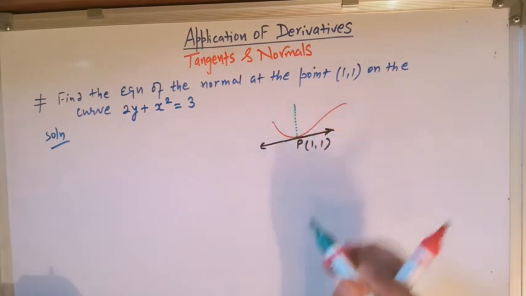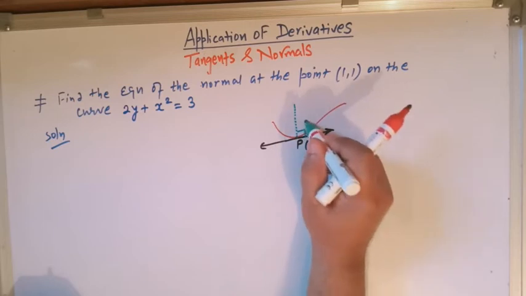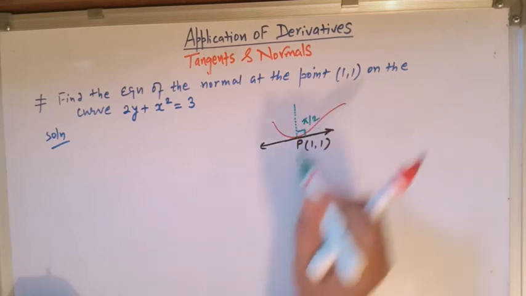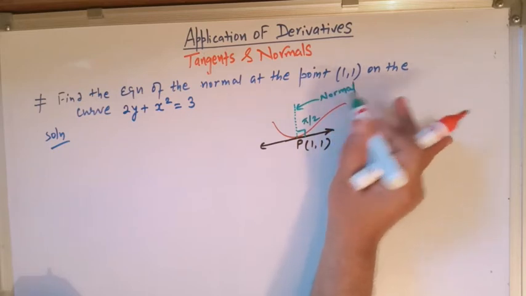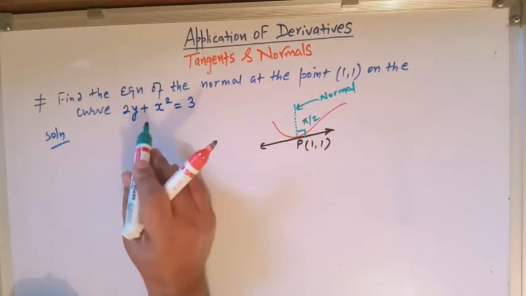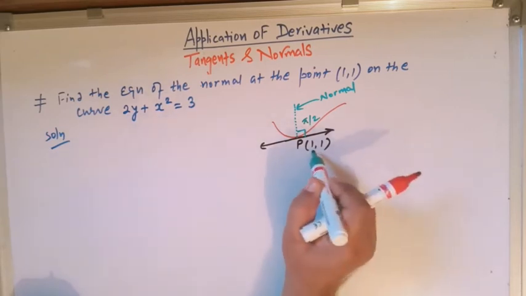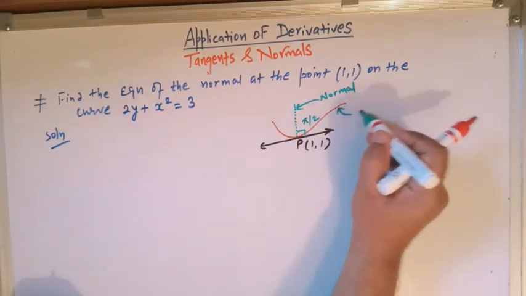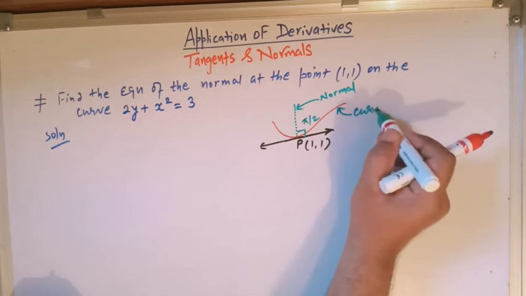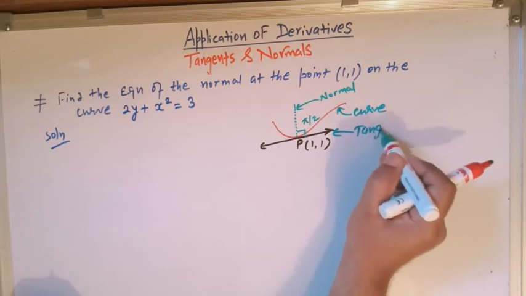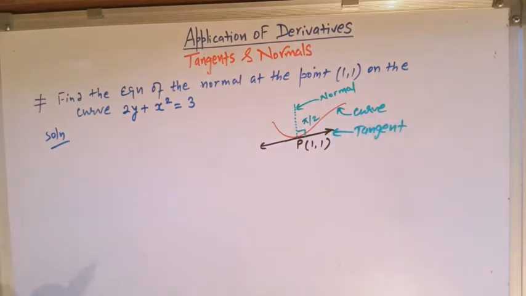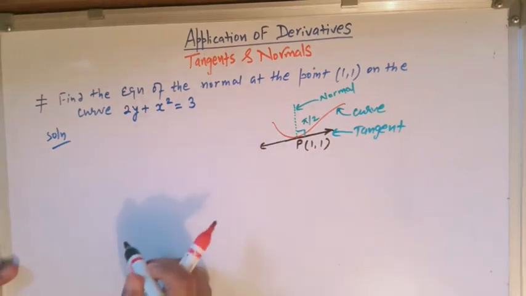Clear? So this is the normal, and this angle is pi by 2. We have to find the equation of this normal at the point 1, 1.